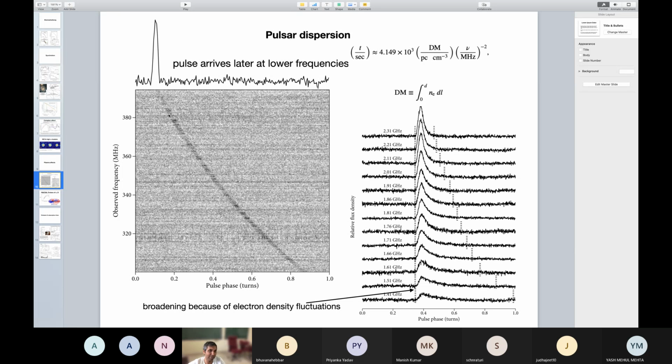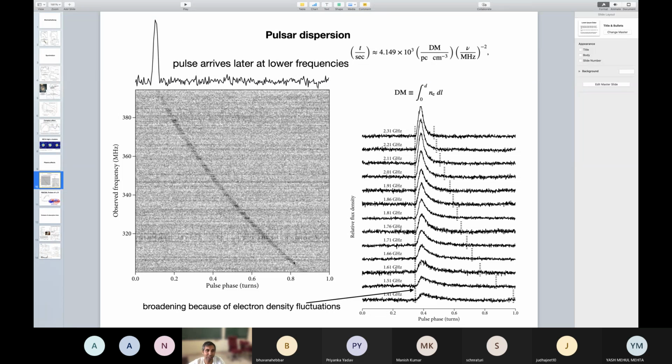At like 380 megahertz it arrives at this time, at 320 megahertz it arrives at this time, and so on. So this pulse at 370 is here, but at lower and lower frequencies it arrives later and later.